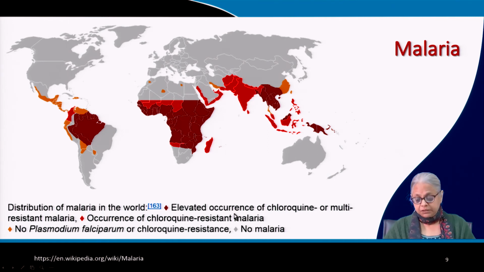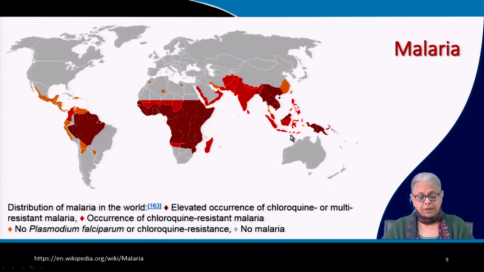You have elevated occurrence. There is something that is mentioned in the WHO documents as well as other documents, that the Plasmodium species, the causative agent of malaria, has become resistant to chloroquine and perhaps to other drugs.